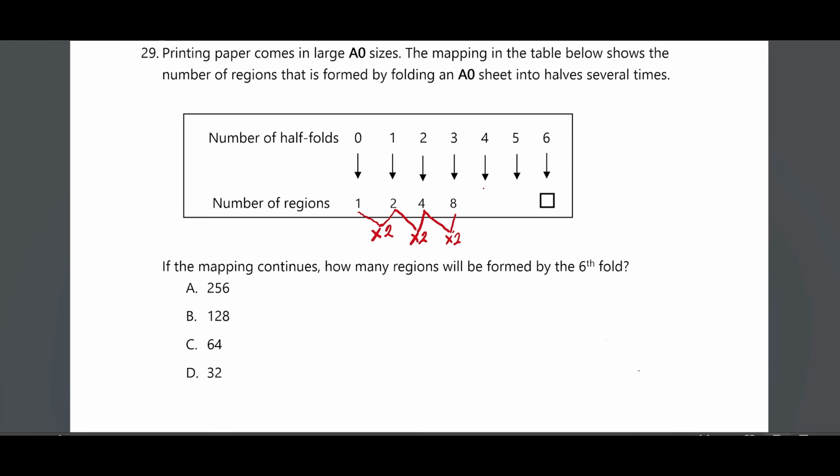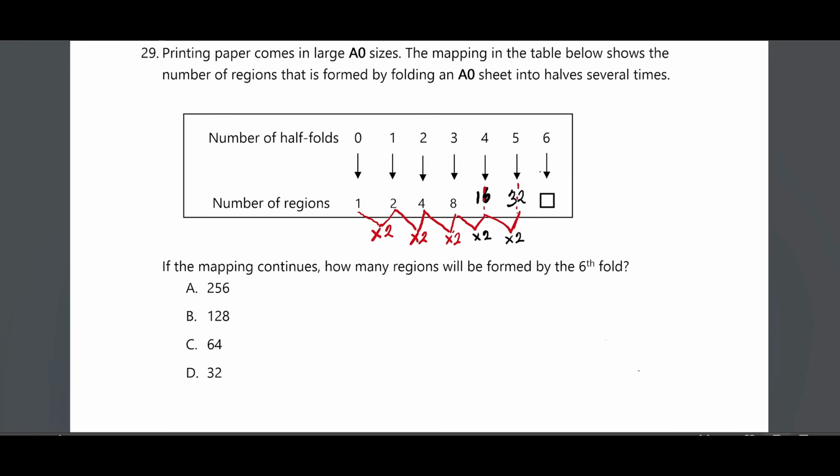So the next one, we have 8 times 2. We know that 8 times 2 is 16. So here will be 16. Then the next one, multiples of 2, so you multiply by 2. Again, times 2. And then 16 times 2, we have 32.